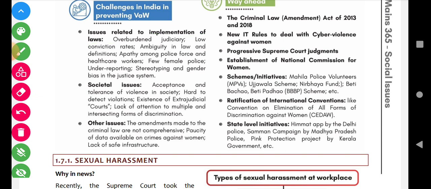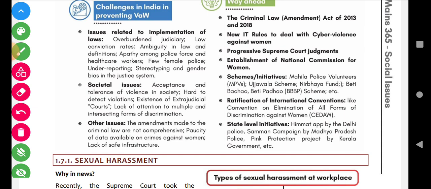Next is societal issues: acceptance and tolerance of violence in society, hard to detect violations, existence of extrajudicial courts, and lack of attention to multiple and intersecting forms of discrimination.